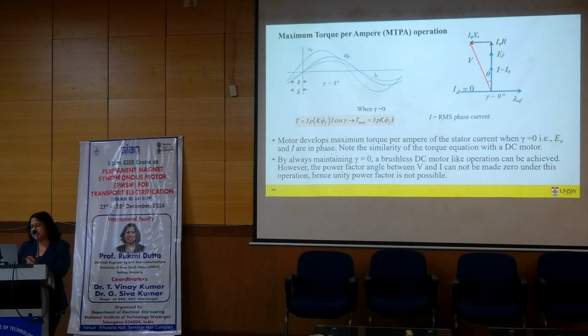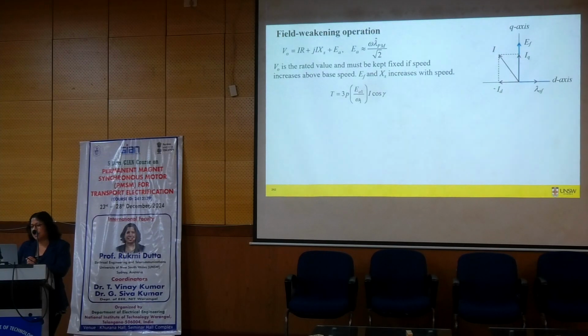Instead, in fact, if we do this current control, we can also do flux weakening, right? If we make the current come into the second quadrant, we will get a negative ID, which will be producing a flux opposite to the PM flux. This will produce a negative flux, and this is your lambda PM, so your resultant flux will be reduced.